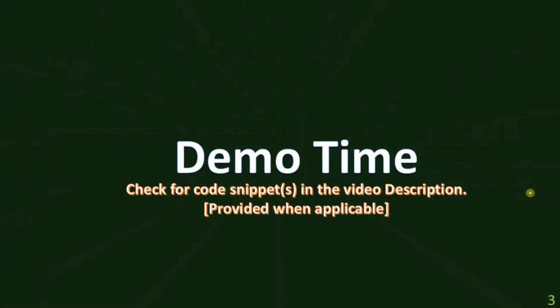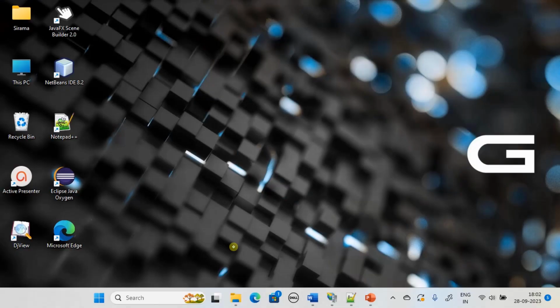Now let's go to the demo and see how to create an HTML document with client-side controls. Then we will deploy that on our IIS server and see how it works when rendering it in the browser. Let's go to the demo now.